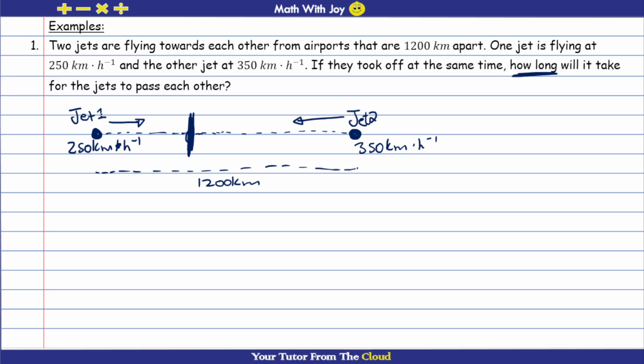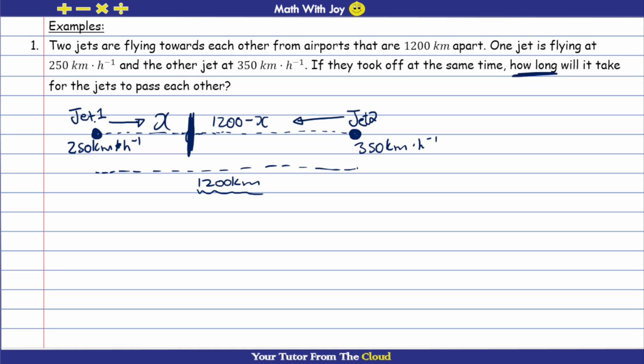Remember, you must find a variable. I do not know the distance that jet 1 will travel up till they pass each other, so I'll call that X. Then I also do not know the distance that jet 2 would travel, so I'm going to call that 1,200 minus X, because if I knew this distance, I'd subtract it from 1,200, since they were 1,200 kilometers apart.